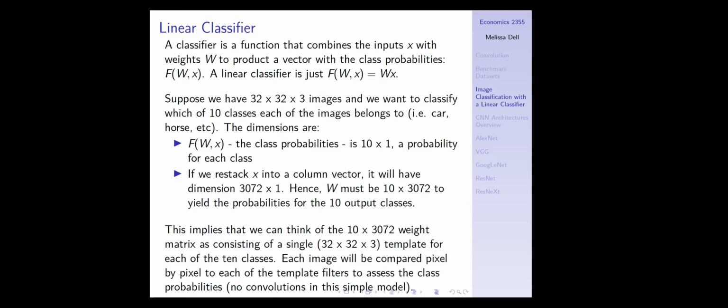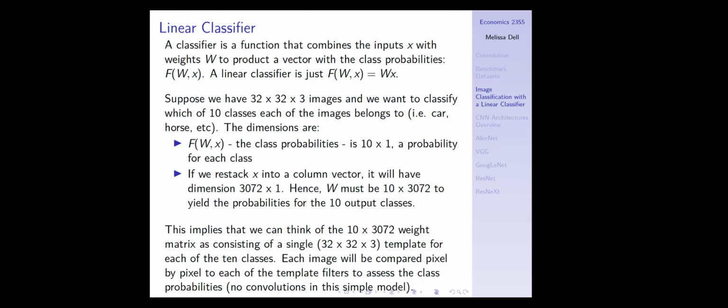And a linear classifier just takes the form f(W, x), which is your probabilities, like it's 90% class 1, 2% class 2, so on to 1% class 10. That vector is just the weights times the inputs. So to give an intuition for this, suppose that we have a color image, it's 32 by 32, and we want to classify which of the 10 classes each of the images belongs to.